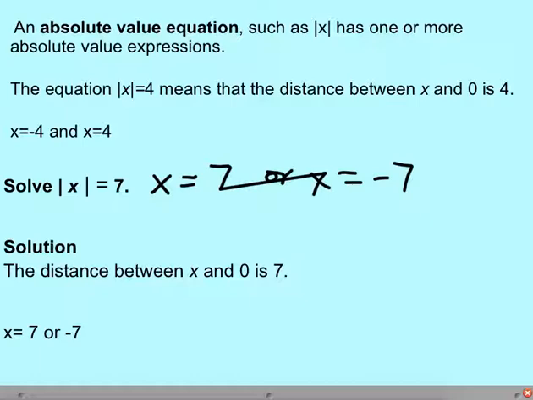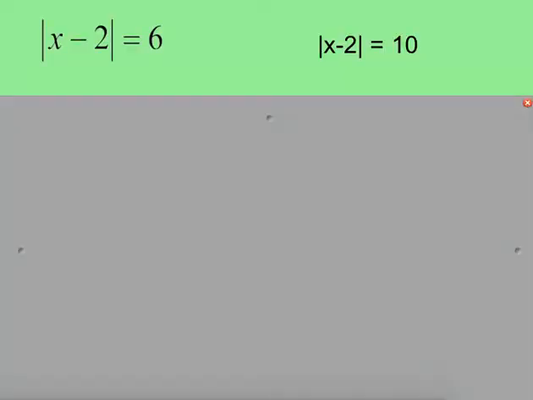distance of 7? So when we look at these, the absolute value of x minus 2 is equal to 6 and the absolute value of x minus 2 is equal to 10, I know that the distance has to be 6, meaning x minus 2 could be 6, that's one possibility, or x minus 2 has to be negative 6.